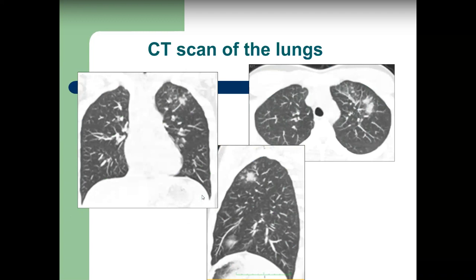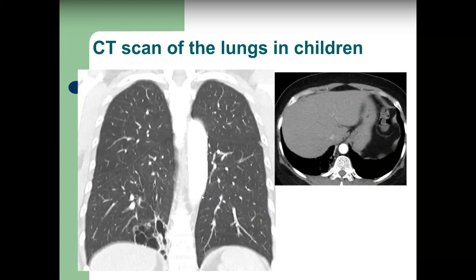We can say what form of tuberculosis it is, and so on. Much more information. For children, we can find not only diseases, but also anatomical anomalies like sequestration.